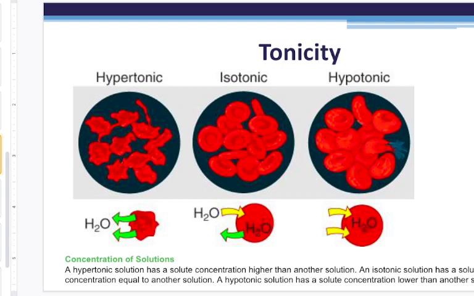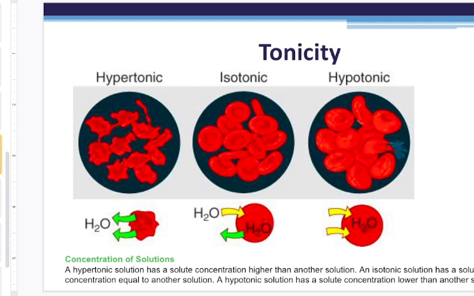But when you put these cells into hypertonic solution, osmosis happens where water is going to leave the cells to dilute the concentration of the solution around the cells. So this behavior is demonstrating osmosis of water, where the water is going to move from the intracellular environment to the extracellular environment in attempts to dilute the concentration of solutes within the solution.